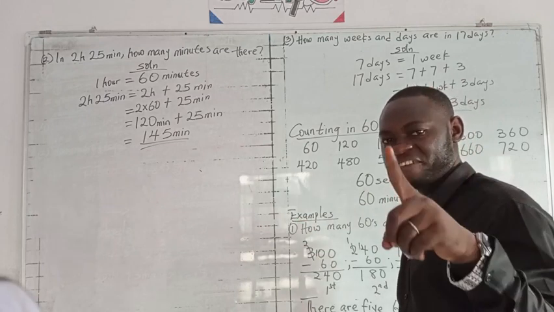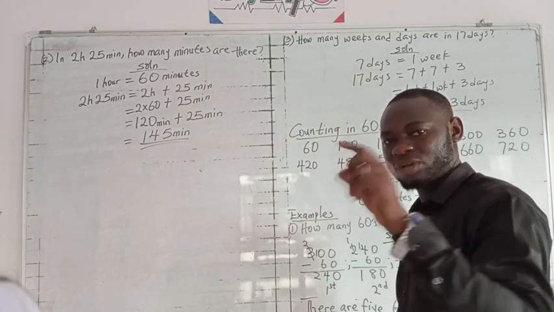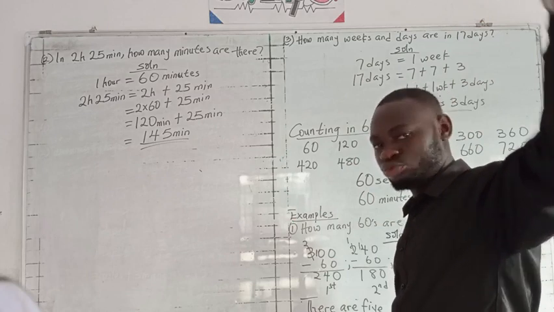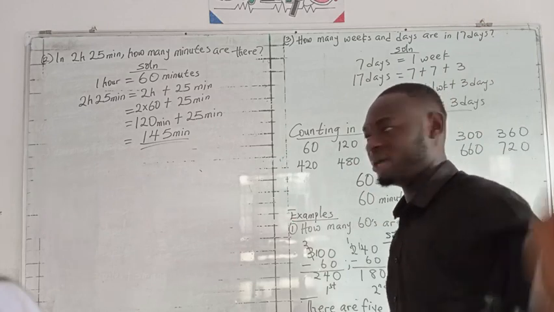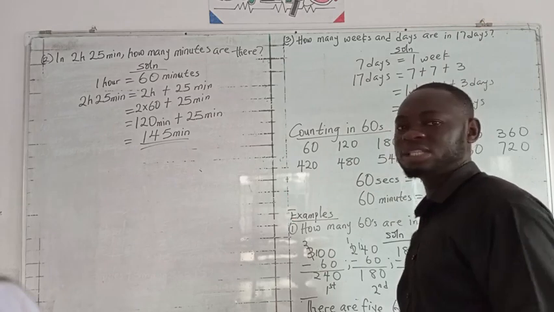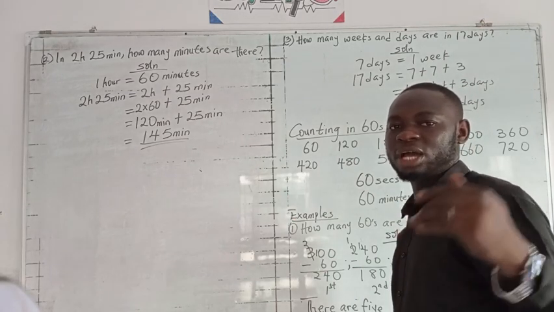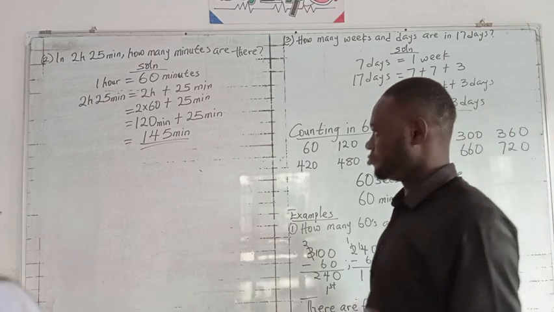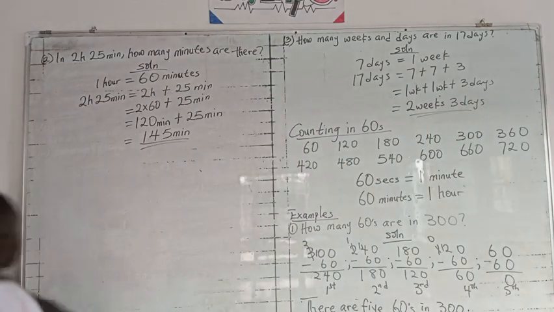If there are 5 in one pile, then you can get how many are in 2 piles, 3 piles, 4 piles. If there are 60 seconds in 1 minute, you can get how many seconds are there in 3 minutes. Okay, let me give it as example number 3.